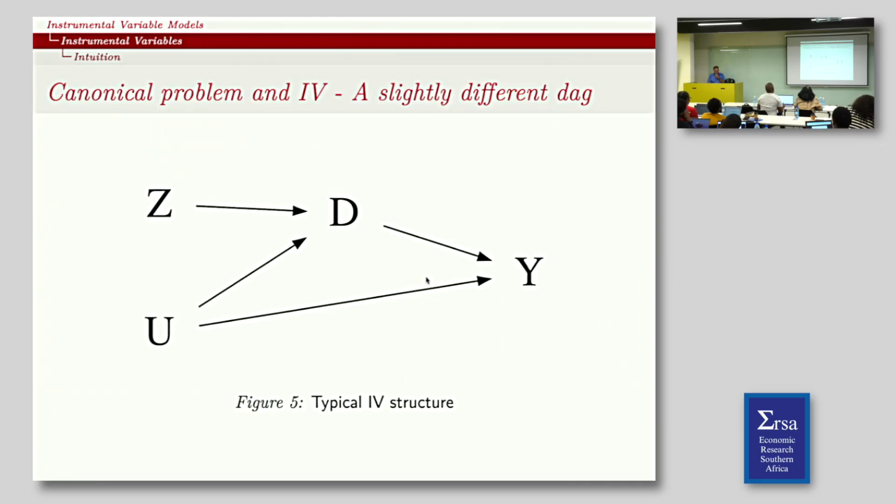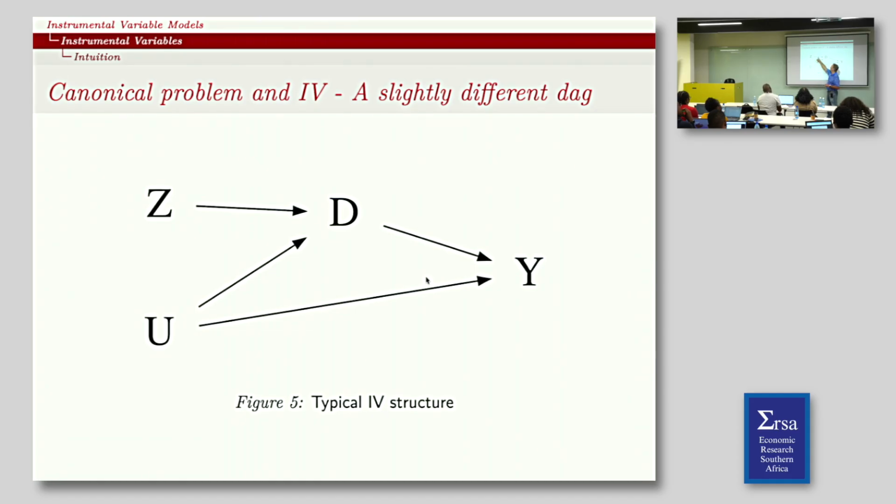All right. So here's a picture of a proper instrument. Here's a variable z that directly influences d. The key point, not correlated with u.